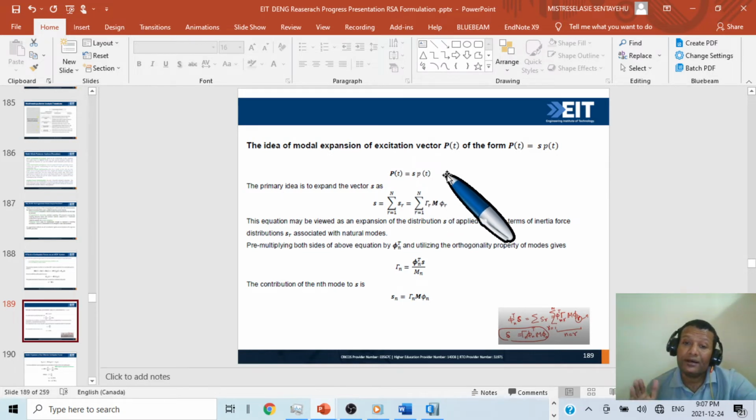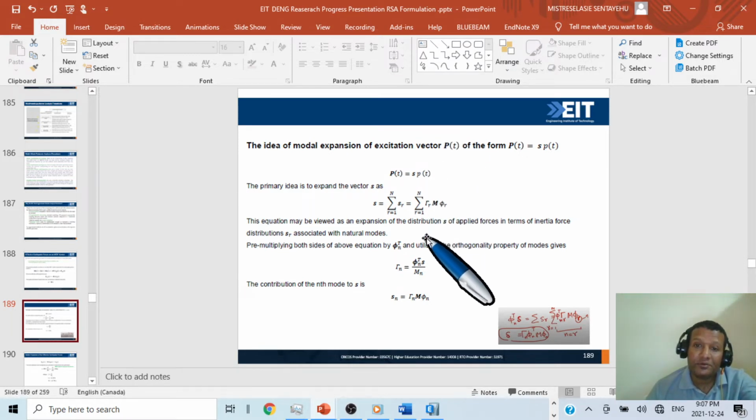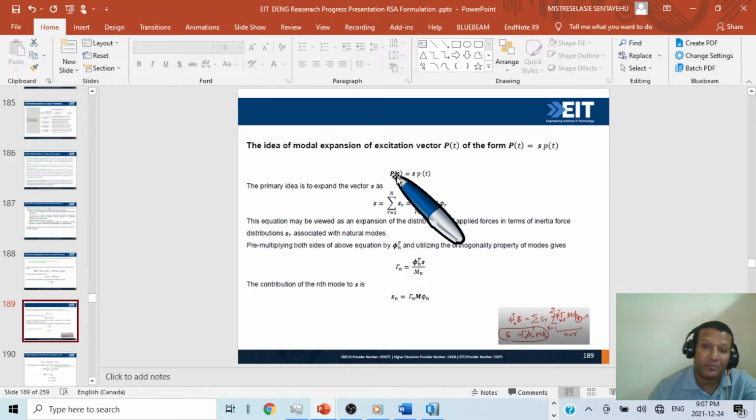That means we are dividing it for each mode. Each mode will have its own p(t), first mode, second mode, third mode, fourth mode, and each mode will have the spatial distribution S, and the force will be distributed over each floor. So the summation will become the total P effective.